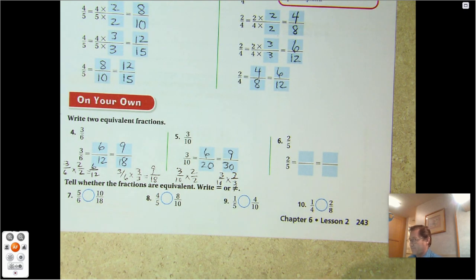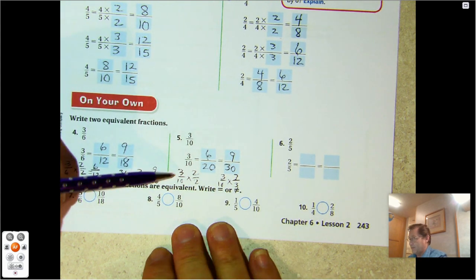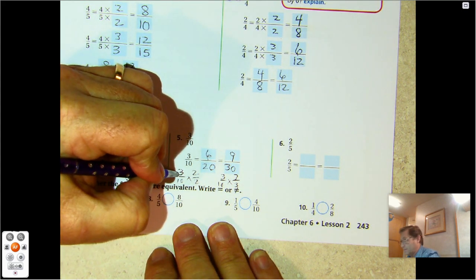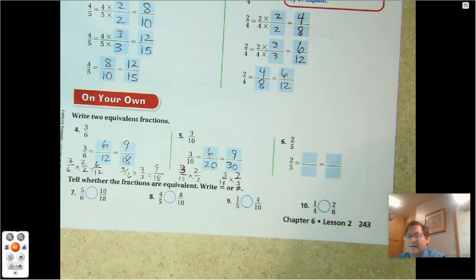I should rephrase that. We're counting by multiples in this case. Actually, I take back that. I think I might be confusing you.